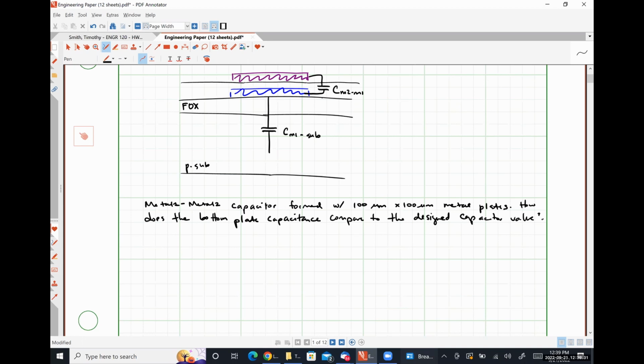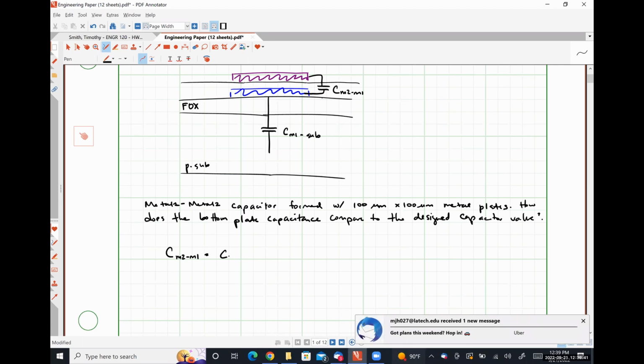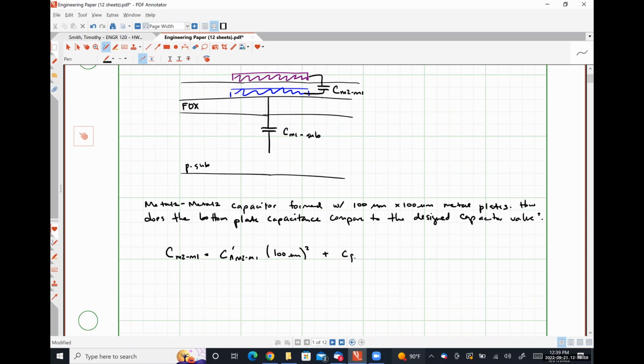So our design capacitor between the metal 1 and metal 2 layers is going to be the area capacitance between the metal 2 and metal 1 layers per unit area times the area of our plates. And then we're also going to have a fringe component times the perimeter of our plates.